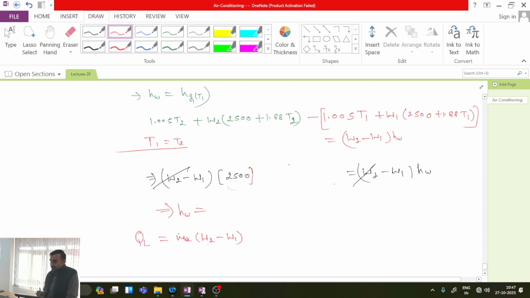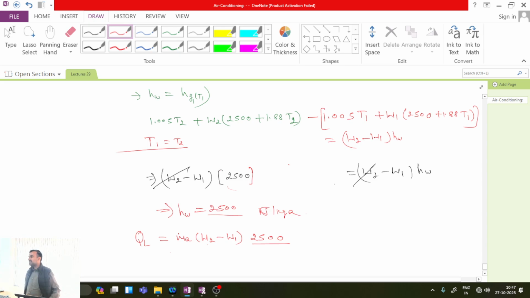Is this point clear? And the enthalpy I will simply write as 2500, because that is what I have obtained from here, after neglecting the small gaseous phase effect in comparison to latent heat. So that we can achieve pure humidification.